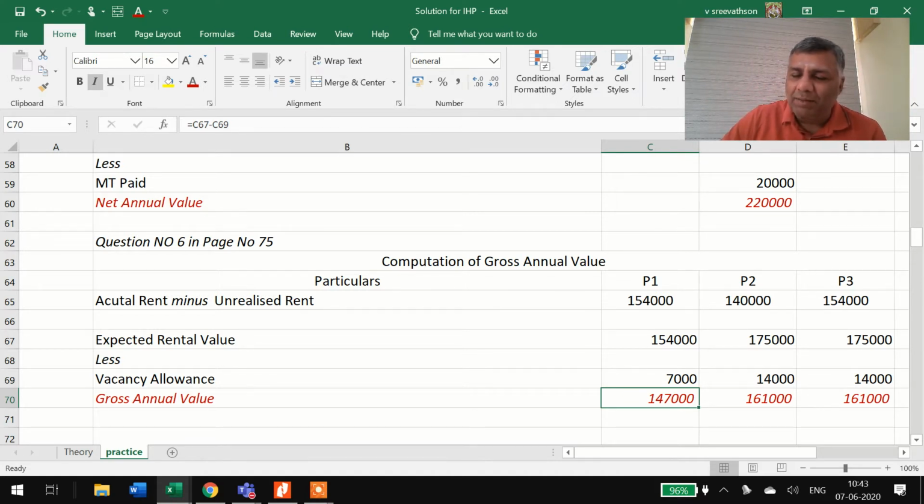The department feels that the other house should also get 30,000 fair rental value, the rent of a similar property in the same locality. When one house is fetching 30,000, why is the other person letting it out for 25,000? Is there a possibility that he is not declaring that 5,000? That's why they have kept that.